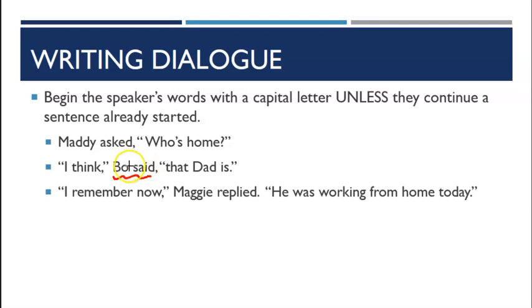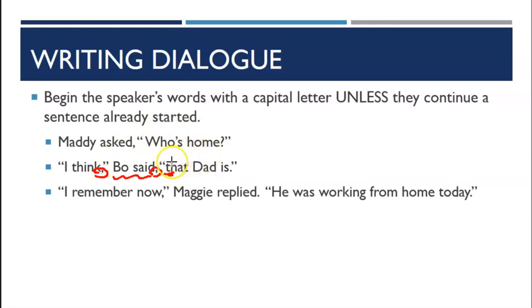The words that Bo is speaking, I think that Dad is, is one sentence. And so we have our comma separating here inside our quotation marks. We're going to end this with a comma because we're going to continue the sentence, and then it's lowercase with the "that," okay, because this is clearly one sentence.